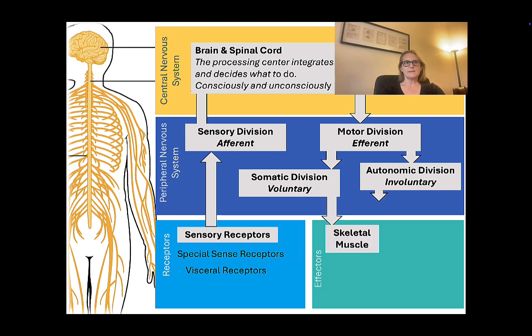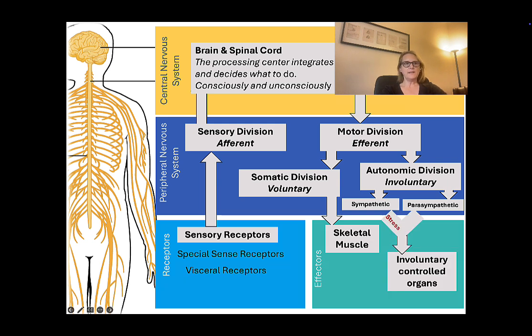The ANS itself splits into two opposing divisions, the sympathetic and the parasympathetic systems. These divisions act like a balance, working together to ensure that the body responds appropriately to the demands of the environment. The sympathetic division is often called the fight or flight system.